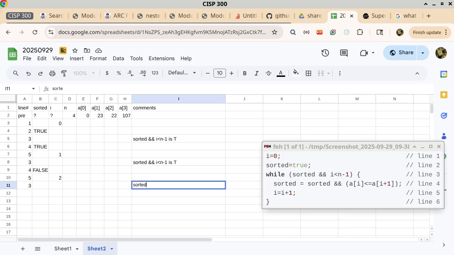So now we can just say sorted is false, and we can exit the loop right away and go to post. So we come to the conclusion that the array is not sorted because sorted is false, not having to go through the same number of iterations as before. So is that okay? All right.